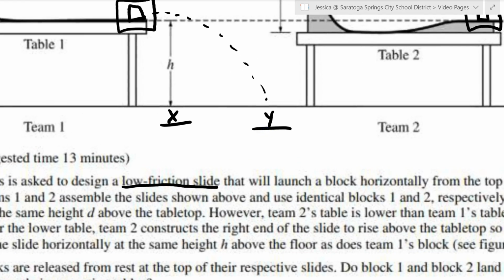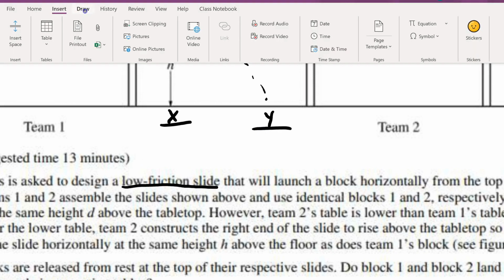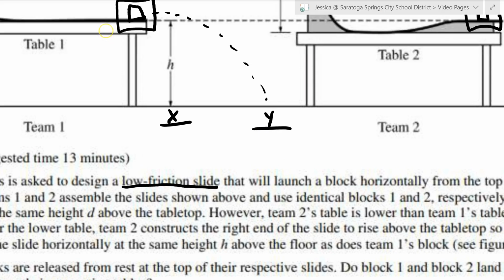If we remember, in the X direction, the only equation we can use is that X equals VT, because the acceleration in the X direction is 0. If I look at the position versus time equation on my reference table, half AT squared, the initial X position we can assume is 0.